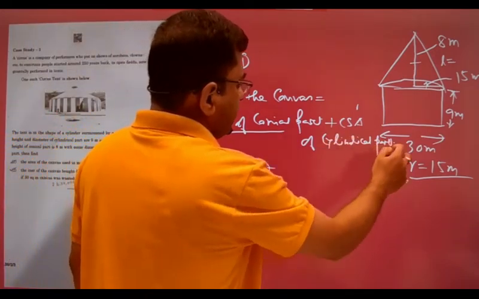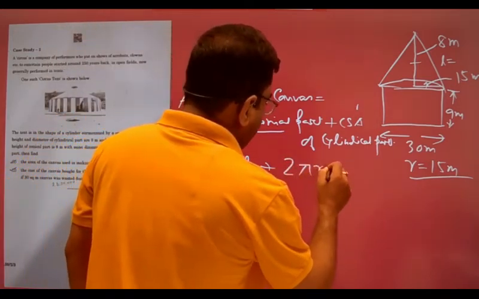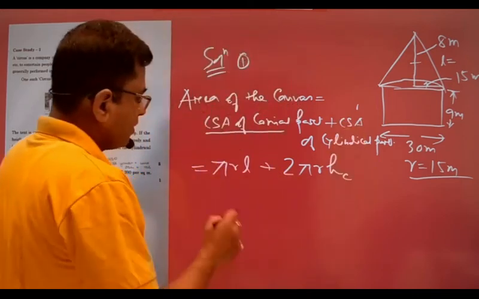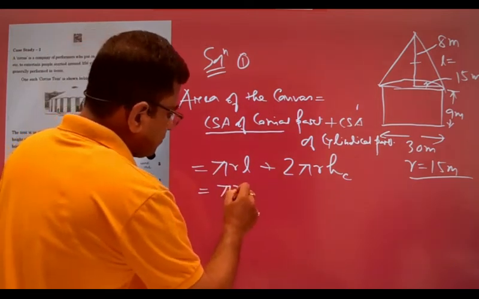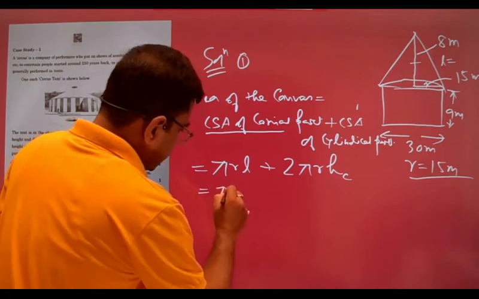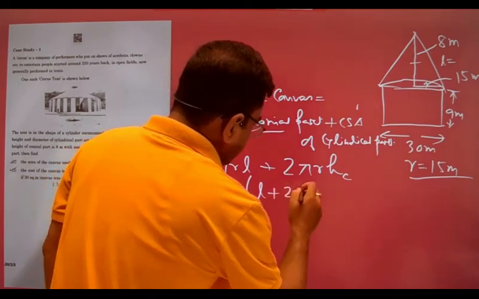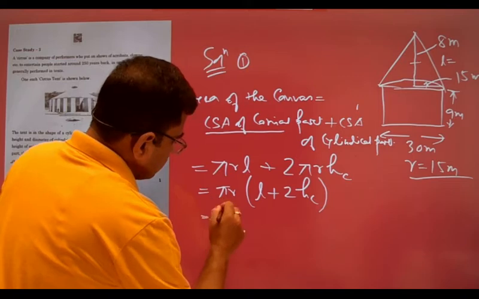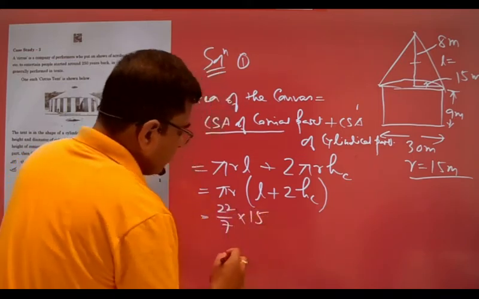And what is the curved surface area of the cylinder? It is 2 pi r h. Here the height is the height of the cylinder. So we can take pi r common, then L plus 2 times the height of the cylinder, into pi equal to 22 by 7, r equal to 15 is given.